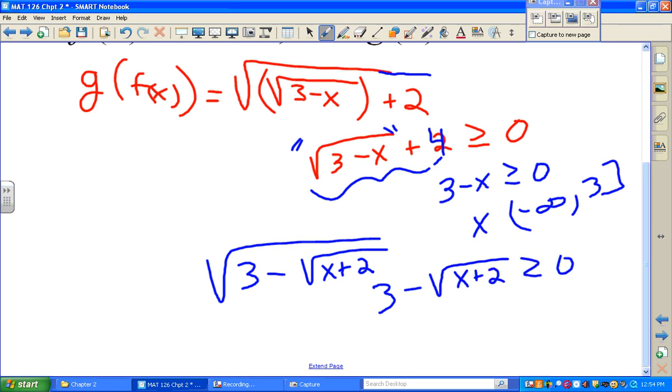Same strategy, I just rewrote it. Now I'm going to ask myself, is there ever a time where this could be 3 or higher? Well, sure there is. So this number has to be what? Less than or equal to 3? Does that make sense? So now I know the square root of x plus 2 has to be less than or equal to 3 to make that a true statement, right?